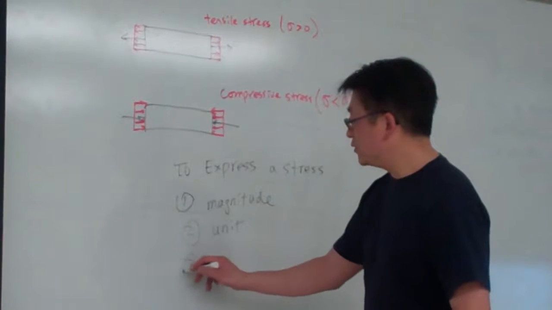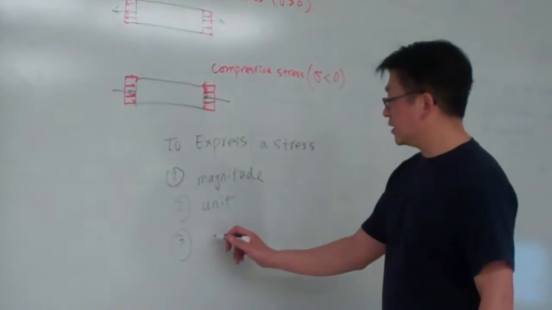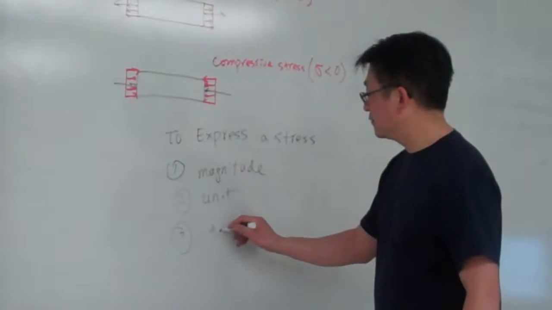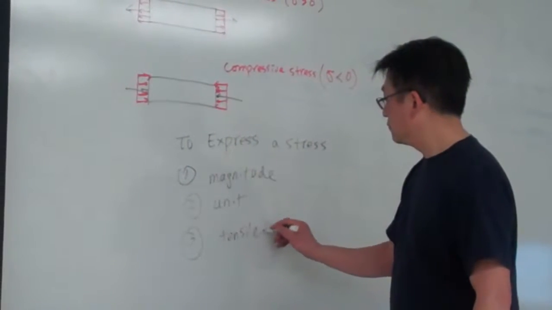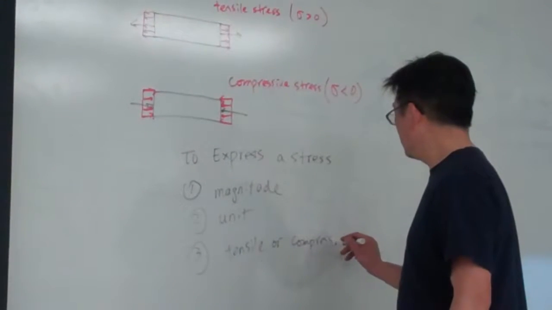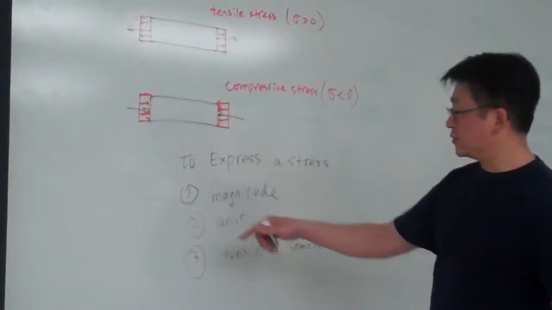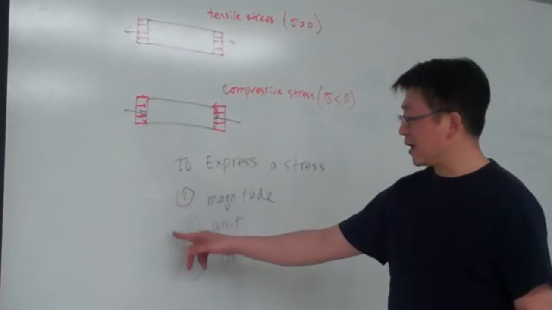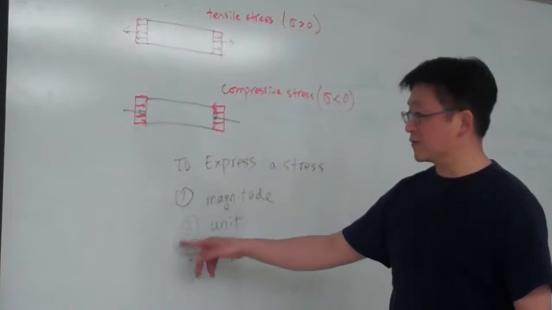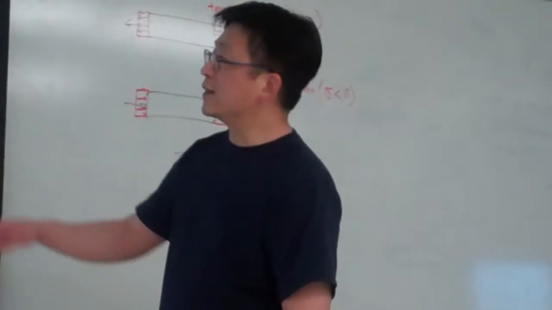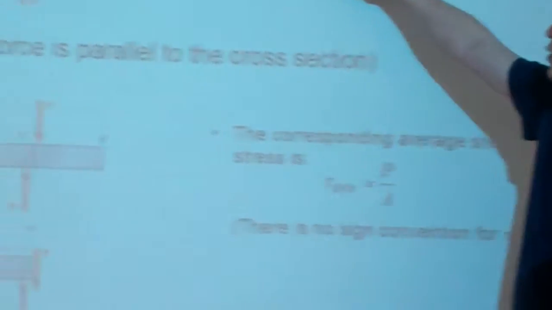The third one, you need to indicate whether the stress is tensile or compressive. So for the complete expression, you must have these three attributes described in your answer. And that is about the normal stress.